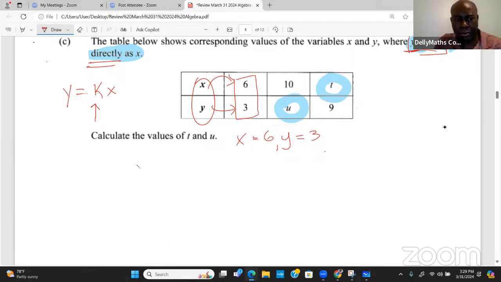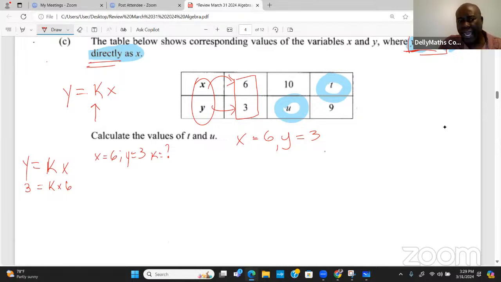for k. For example, if y is equal to kx, and we're looking at a case where x is equal to 6 and y is equal to 3, I can substitute and then find k. For example, y is 3, which is equal to k times x, but x is 6.